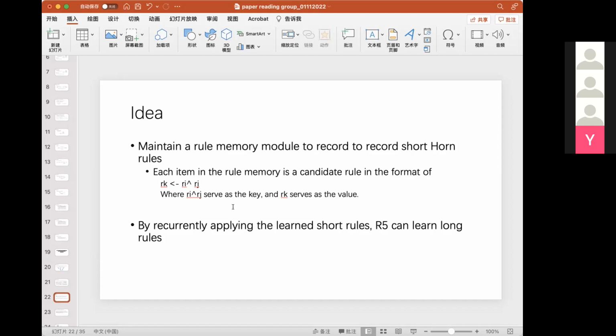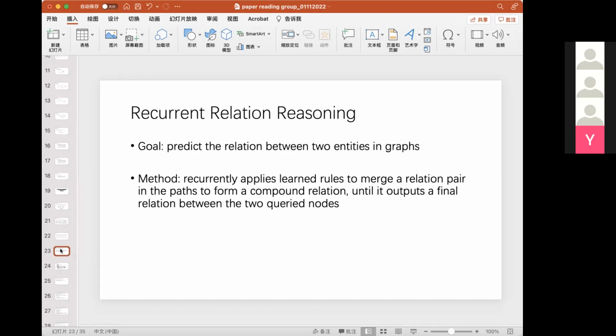It can be regarded as a table, where Ri and Rj serve as the key and Rk serves as the value. By only storing rules of length 2 and recurrently applying them, R5 can infer results which could otherwise only be inferred by long rules. That is the basic idea of this paper.